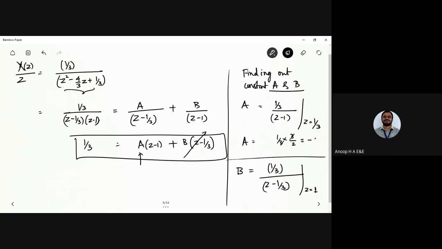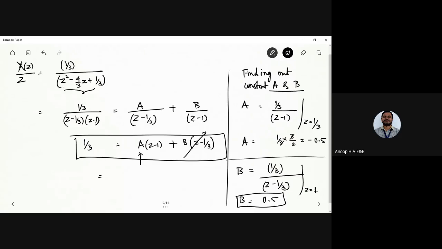So 1 minus 1 by 3 is 2 by 3, and 1/3 divided by 2 by 3 gives b as 0.5. So I have a as minus 0.5 and b as plus 0.5.